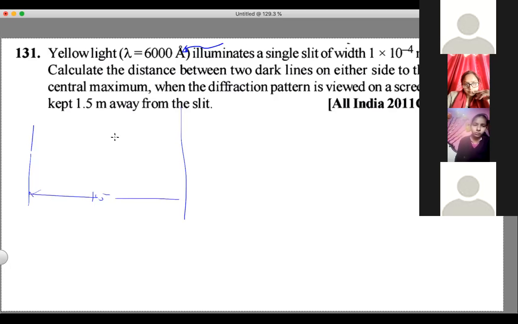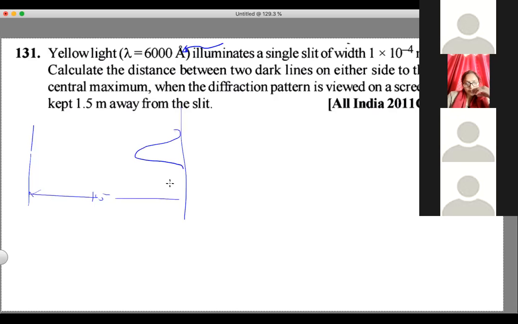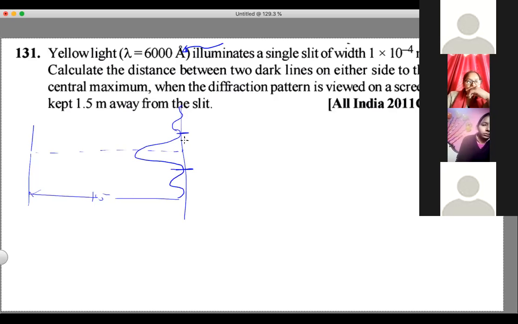So here we will get a diffraction pattern like this. This is the central maximum. He is asking the distance between this and this, which is the same as the central fringe width.